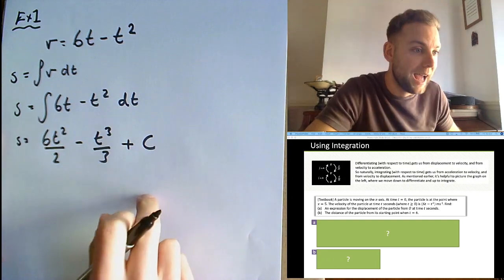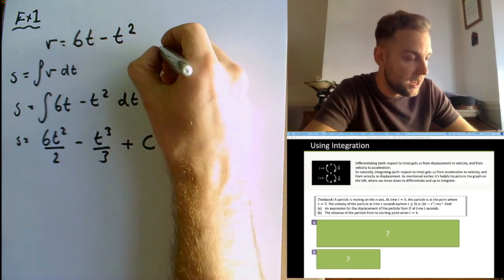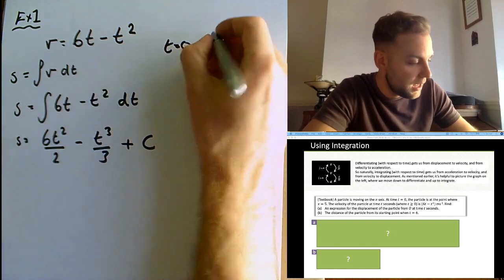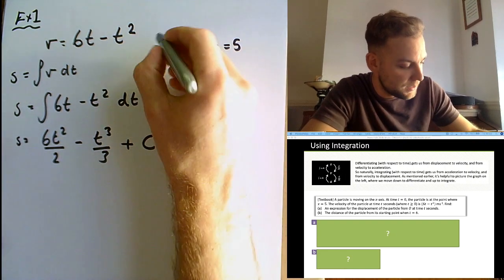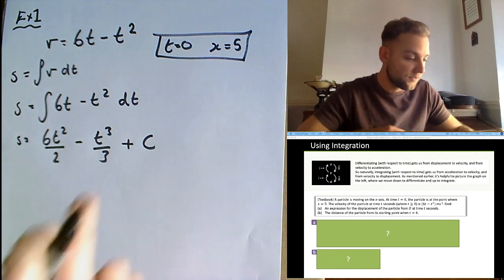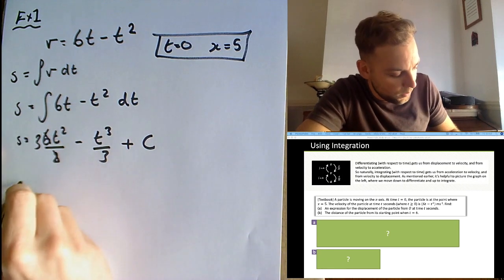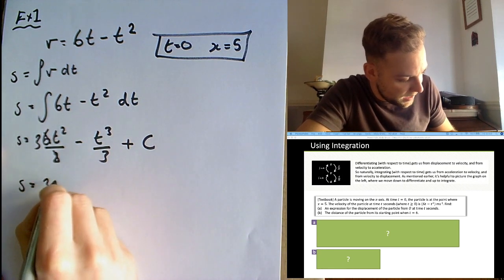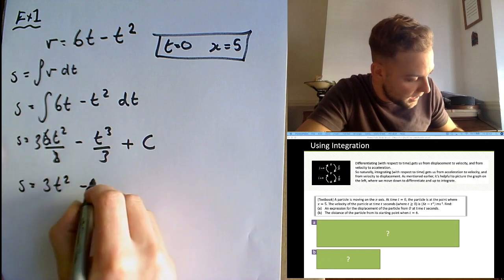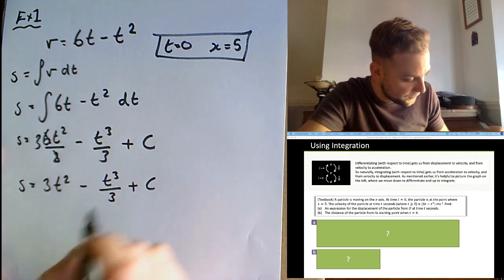It's probably worth cancelling this as well. So I end up with s is equal to 3t squared minus t cubed over 3 plus c.